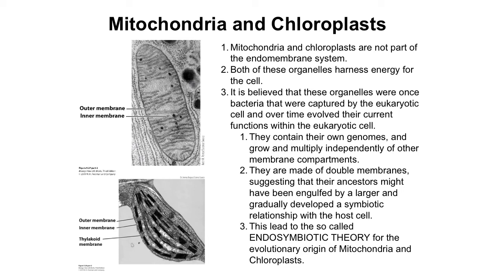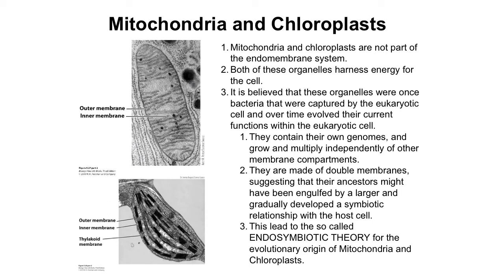The evidence for this idea is that both of these organelles, in addition to their unique capacity to harness energy and generate ATP, contain their own genomes. Each of them has their own DNA, genetic material.